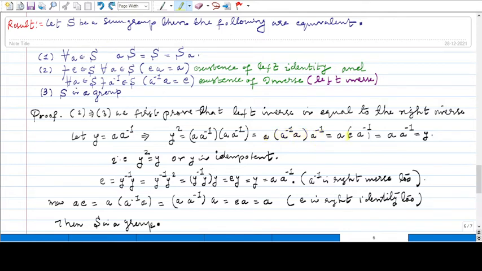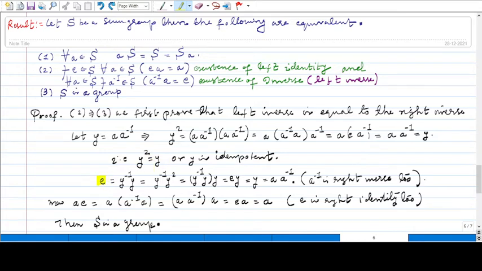So it will be e times a inverse, which equals a inverse because e is a left identity. So we have a inverse, which is y. So y squared is equal to y. That means y is an idempotent element in the semigroup.